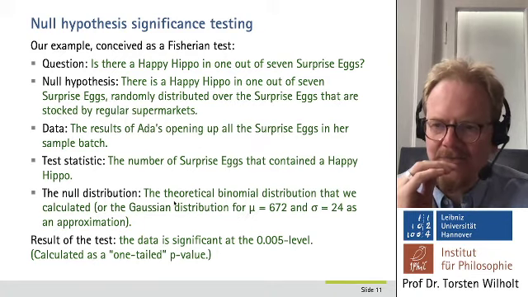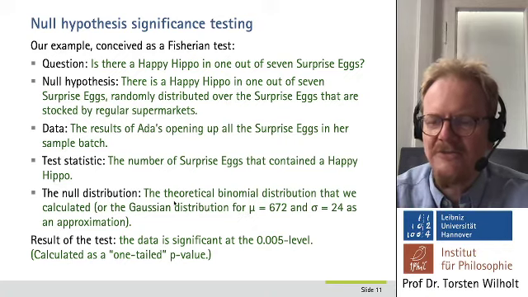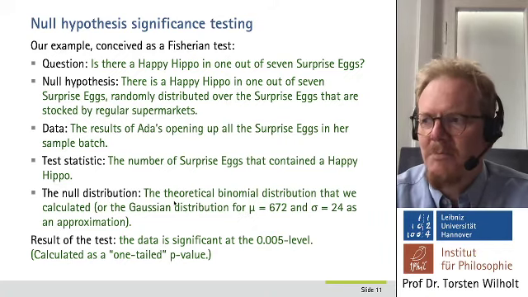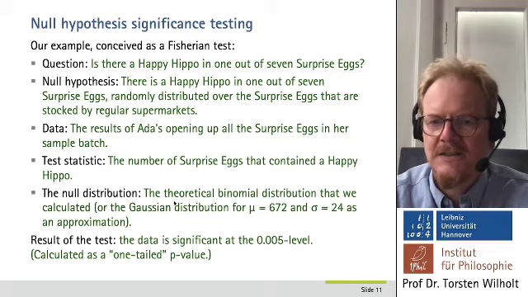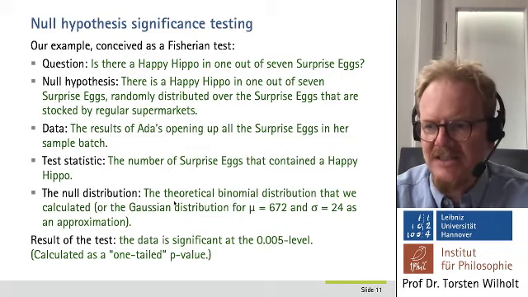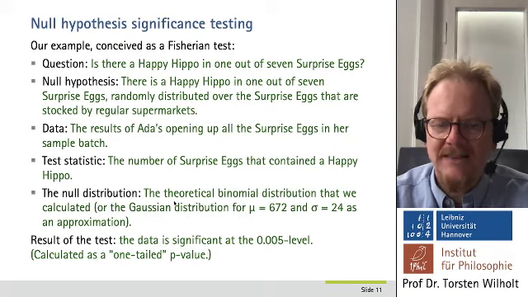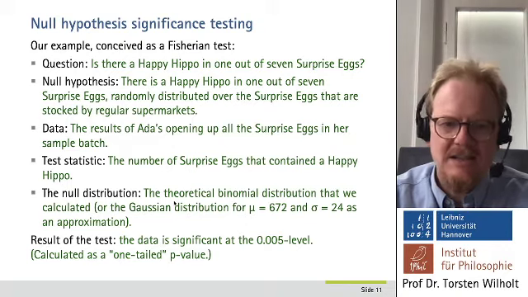And then the result of the test is an expression of how probable it is that you would get data of the kind that you got if the null hypothesis is true. And this is called the significance level.